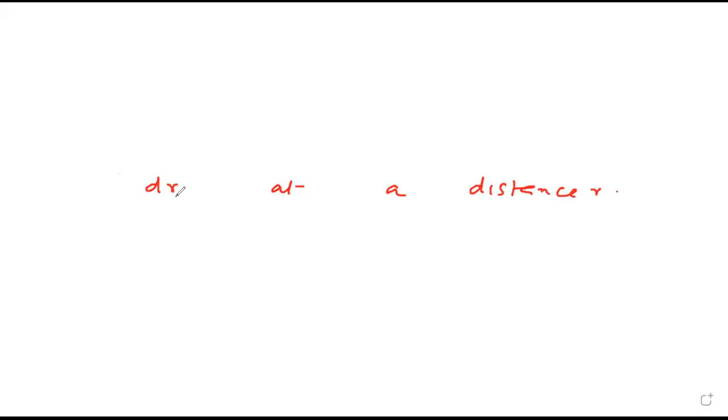Elemental of thickness dr at distance r. So it will become 2 pi r dr total number of turns. In that dr we are interested in how many turns are present. So consider thickness dr at distance r from the center of coil.